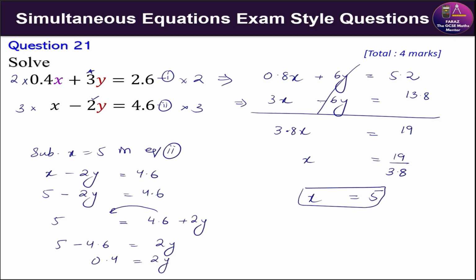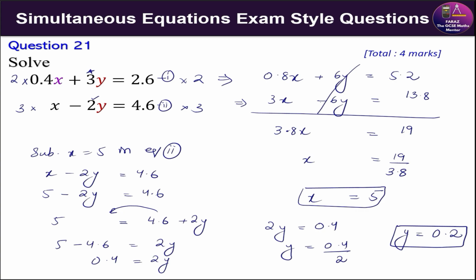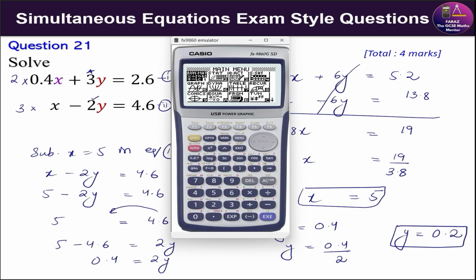Now to solve it further, you have to divide by 2 on both sides. It is actually 2y equals 0.4, dividing by 2 on both sides, it will give you 0.4 divided by 2, and therefore the value of y would become y equals 0.2. So x is 5 and y equals 0.2. Let's verify it from the calculator. Press menu and go to equations, then select simultaneous.